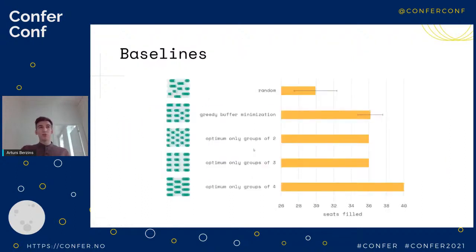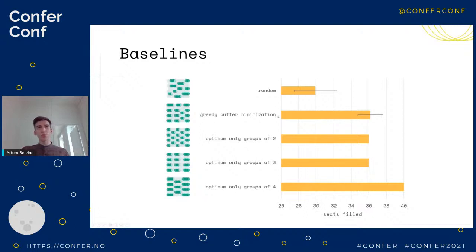Right. Before we can jump into the different agents that can be used for this problem, we need some kind of a reference to evaluate how well these agents are doing. So we establish some baselines. If you acted randomly, with 98 seats in total, you would probably fill about 30 seats.